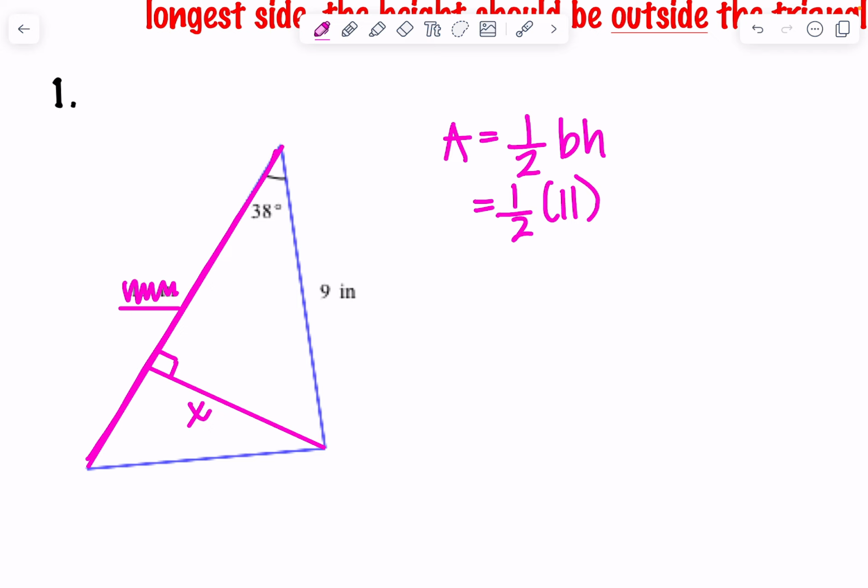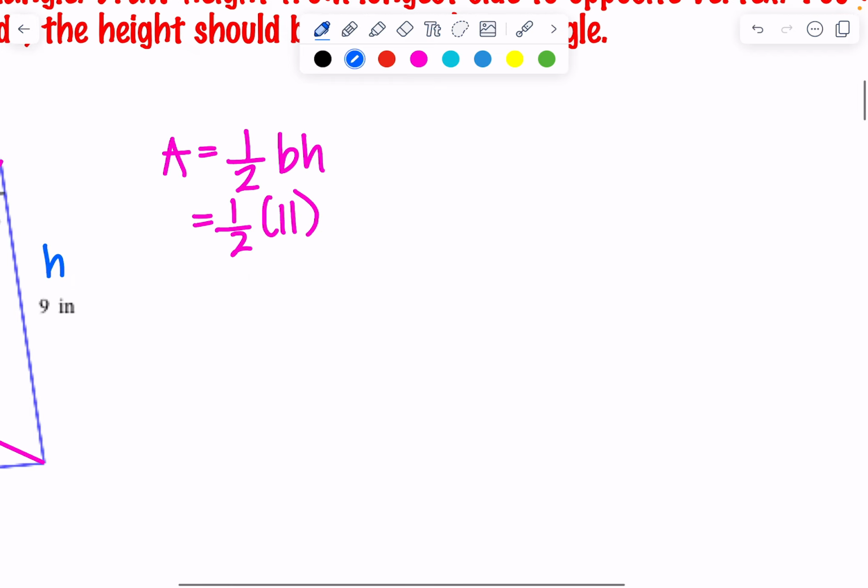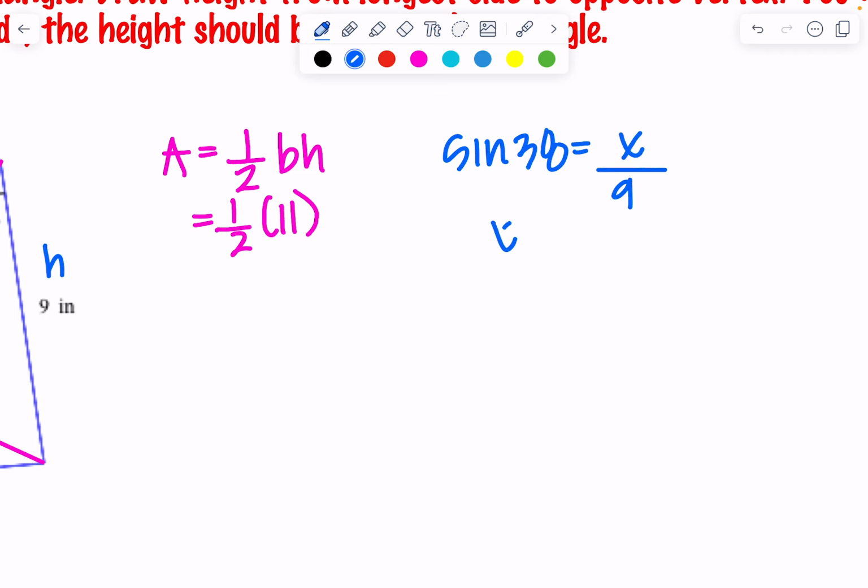You have 38 as your perspective angle. This is going to be your O, and we have our H, so we're going to be using sine. So sine of 38 equals x over 9. So x is equal to 9 sine 38, which is the height, which is what you're going to plug in to your area formula.